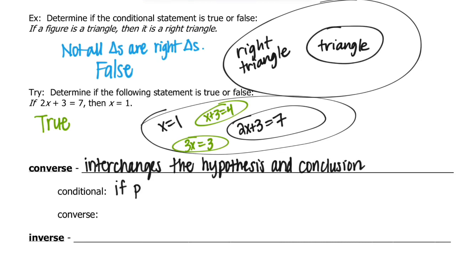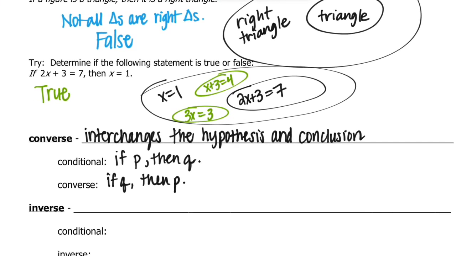So if my conditional statement is if P, then Q, the converse is going to be if Q, then P. And we know that when the conditional statement is true and the converse is true, we can write a biconditional statement. The inverse negates the hypothesis and the conclusion.